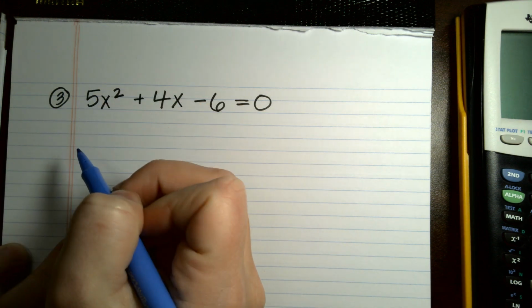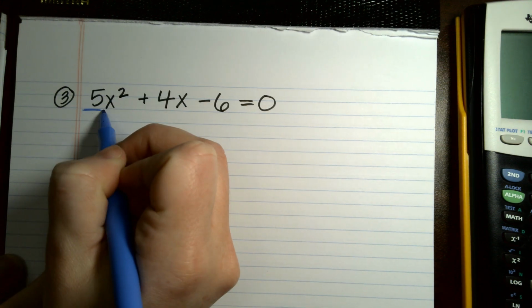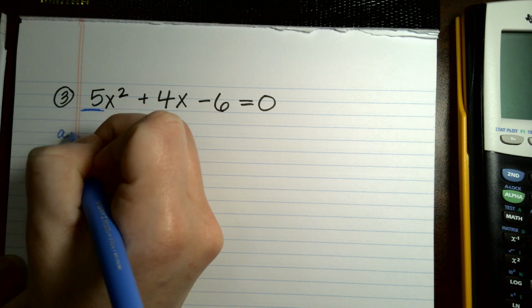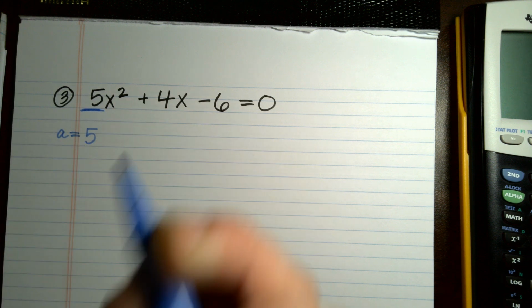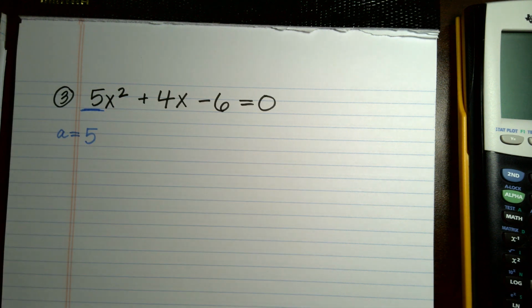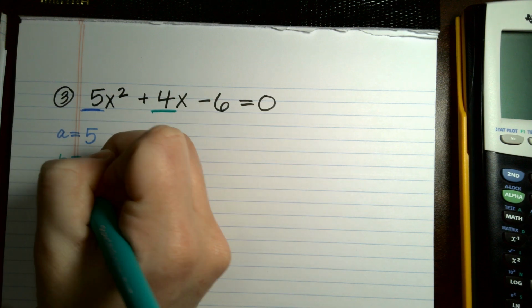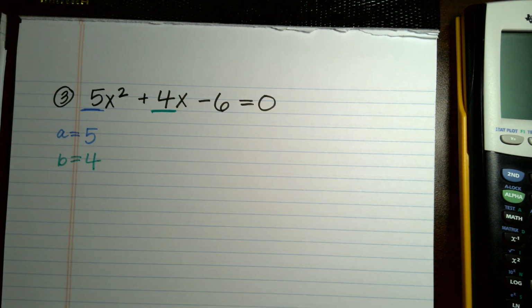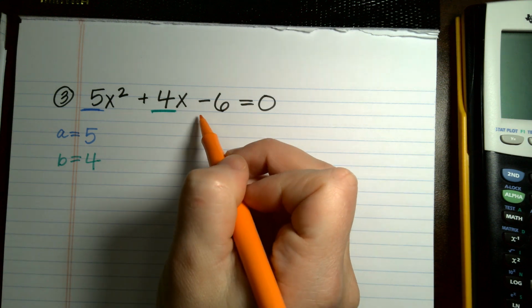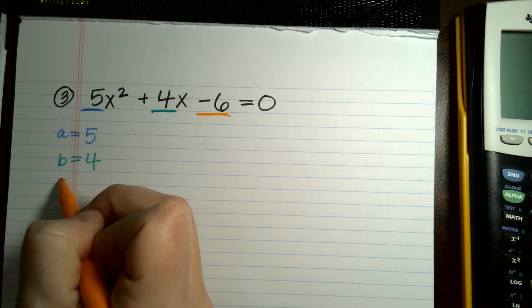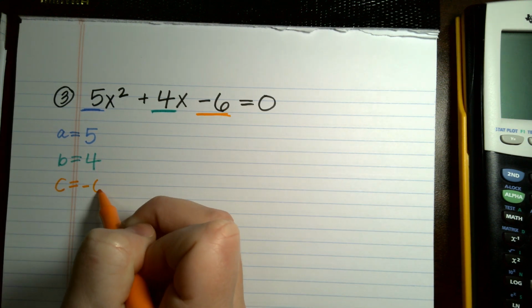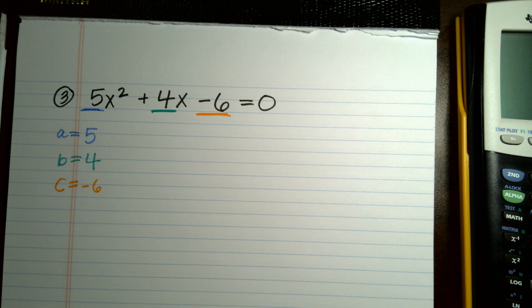What is our A? 5. A is 5. What's our B? 4. And what's our C? Good, -6. Okay.